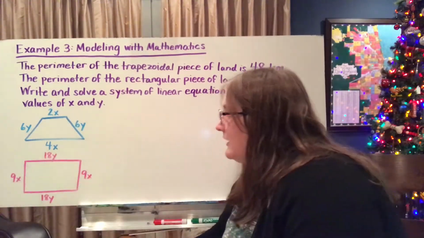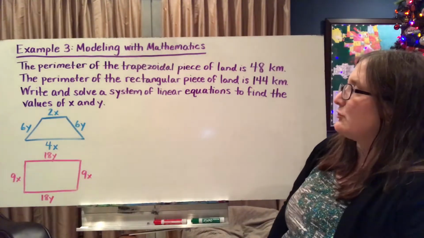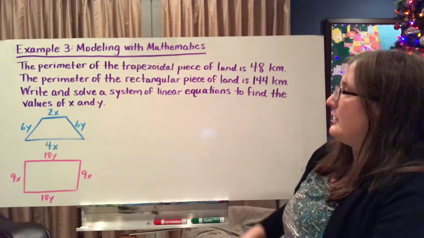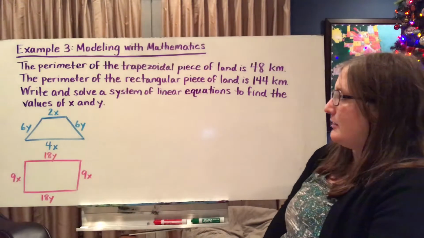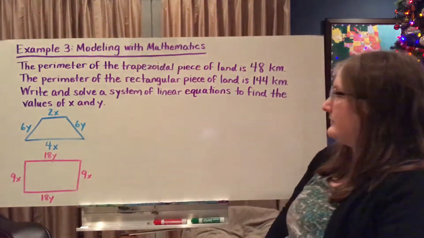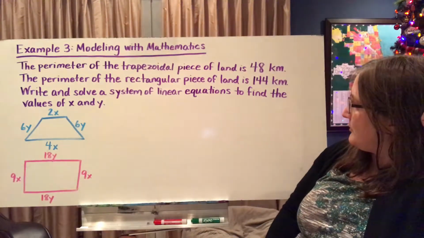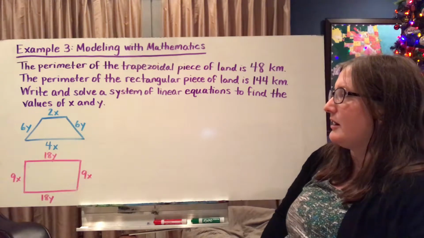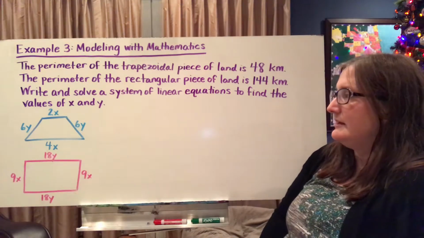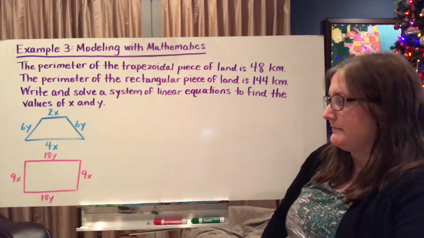All right, so let's take a look at an actual real-life problem. So we've got a trapezoidal piece of land here with a perimeter of 48 kilometers, and a rectangular piece of land that has a perimeter of 144 kilometers, and we want to write and solve a system of linear equations to find the value of x and y here.